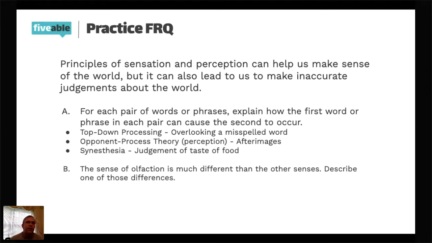The third big difference is that they really haven't categorized smells. What do I mean by that? You can categorize light waves. We know that there are perhaps receptors for red and green and blue and yellow, that there are different pitches. We know that there are different types of taste. Remember, sweet, sour, salty, bitter, and umami being the 5.